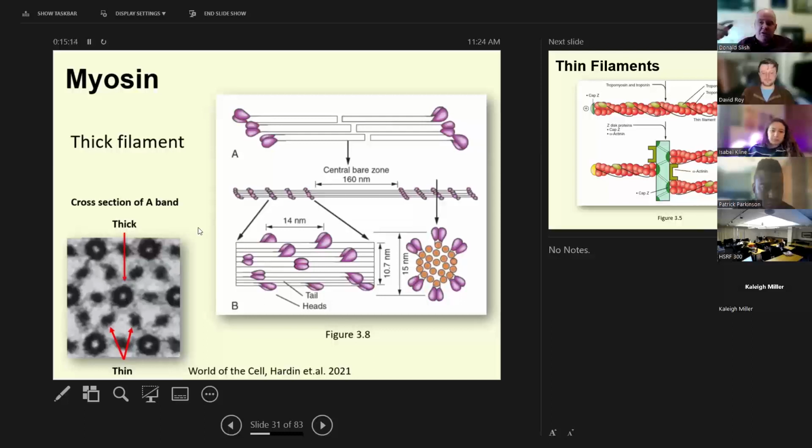So this spiraling around makes it so that, as we'll see, as the myosin heads start to do cross-bridge cycling to move, there are always heads attached somewhere between the thick and thin filament. So it's not like all the oars get lifted up out of the water and you could lose tension there. There's always heads attached during the contraction.